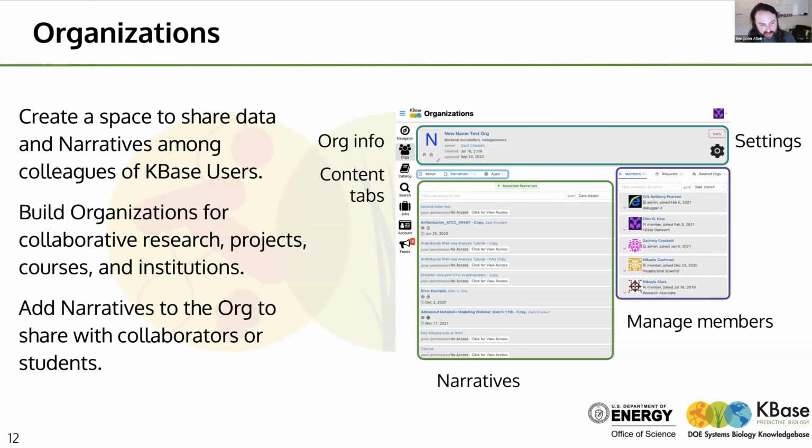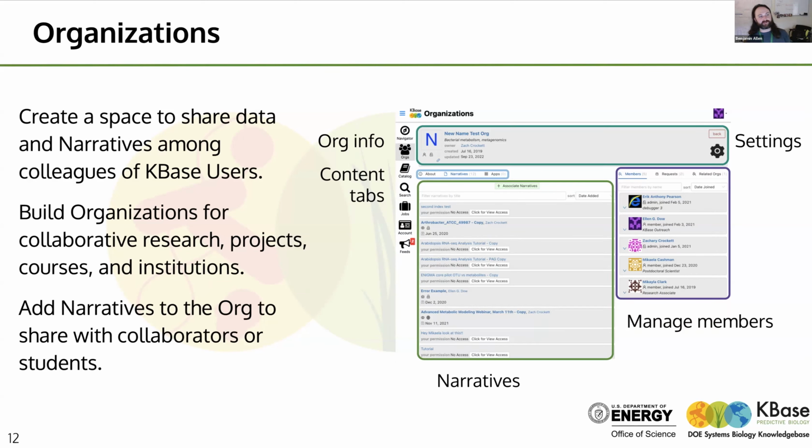Another way you can collaborate with people is through organizations. So you can build an organization that may have a defined list of users, perhaps from your lab or from your department at your university, such that you are maybe collaborating across a series of narratives, and you want to make sure that everyone in the organization can have access to those.